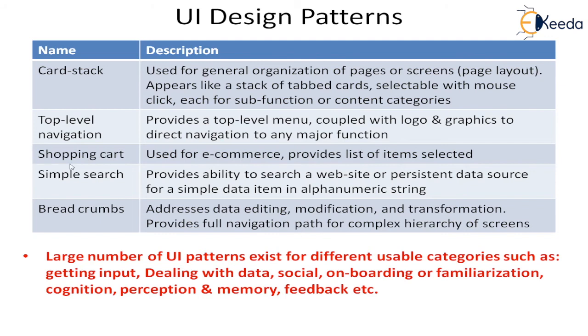And simple search. You might have seen in many websites a search button, a place where you can give some keyword and it will search that particular website. It provides the ability to search the current website, or a persistent data store associated with this website, for a simple data item in an alphanumeric string. If you give this alphanumeric string as the input to the simple search, then you can get the result.